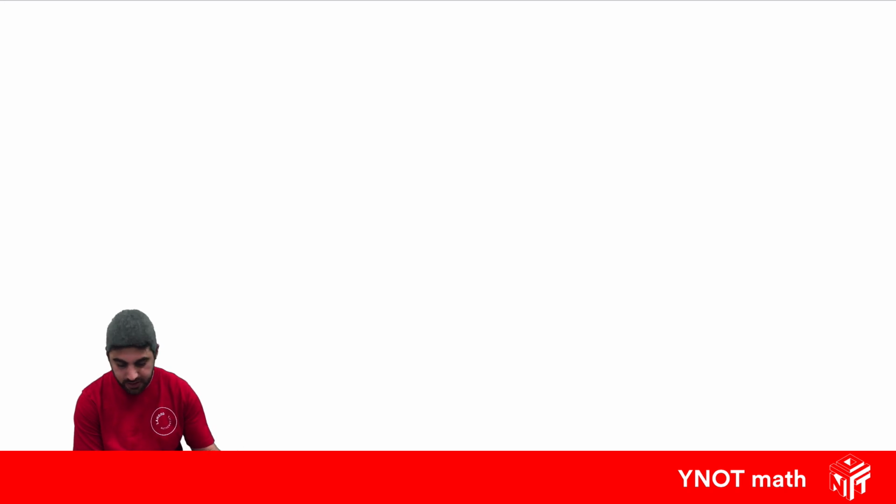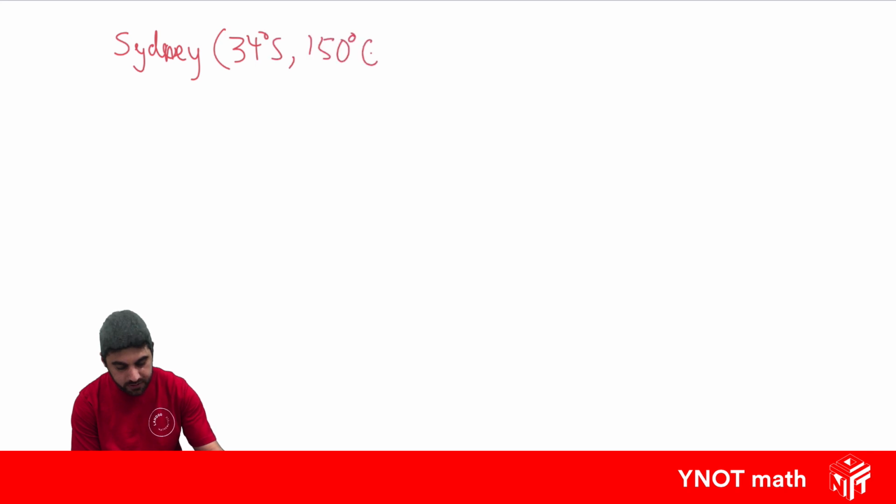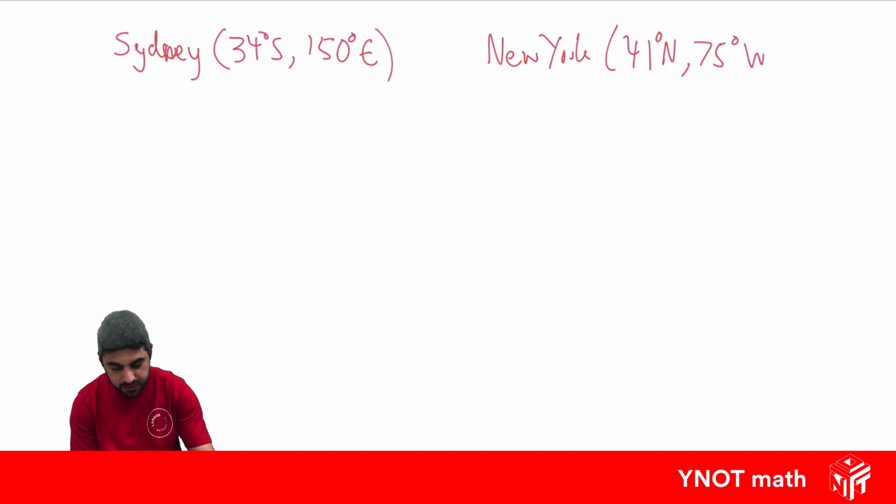Okay, let's have a look at an example. So we've got Sydney, Australia, which is 34 degrees south, 150 degrees east, and we've got New York, which is 41 degrees north, 75 degrees west.